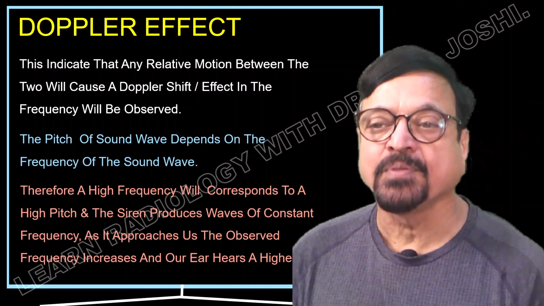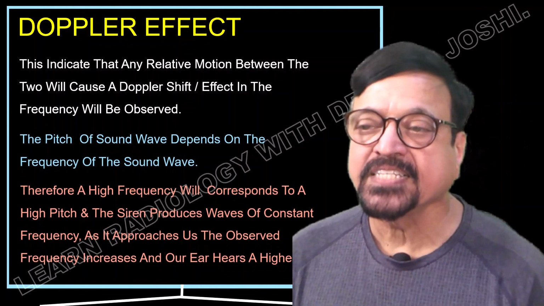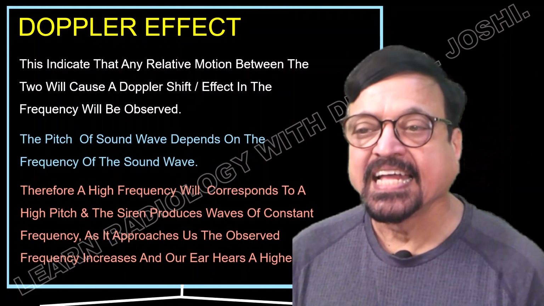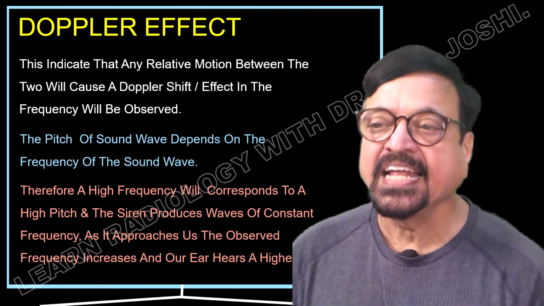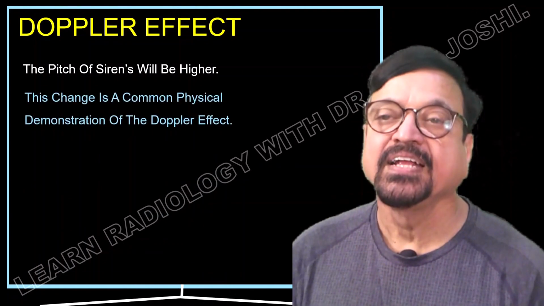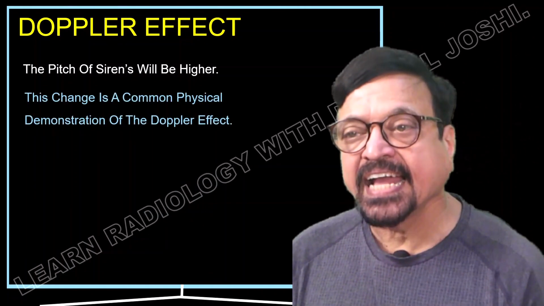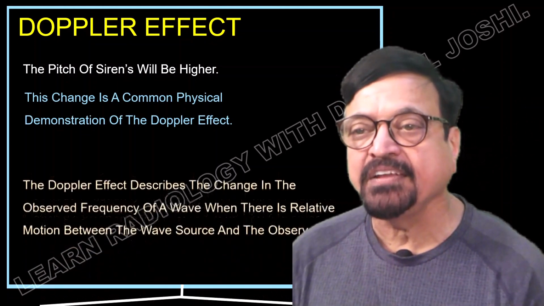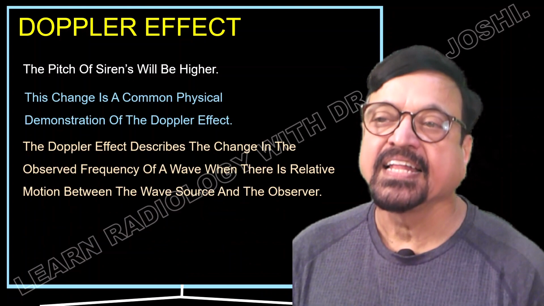This is the Doppler effect. As it approaches us, the observed frequency increases and our ear will hear a higher pitch. The pitch of the siren will be higher. This change in the siren is the common physical demonstration of the Doppler effect.